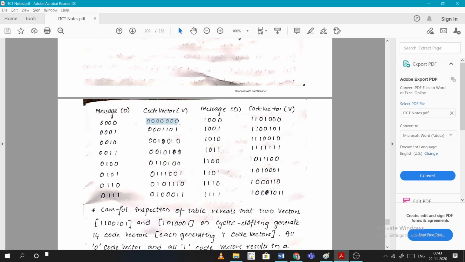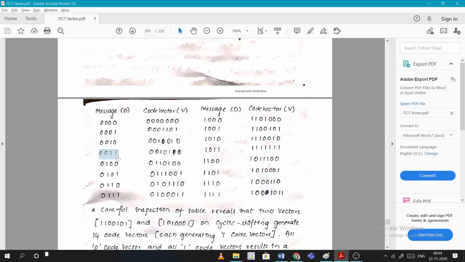When you take the first one and rotate it, it will be the itself only, so no problem. Let us take this one, 0001101, the code vector for that is 0001101. Don't confuse that the first 4 and first 4 are matching, or this one and this one match. No, we can already see it's not like that.